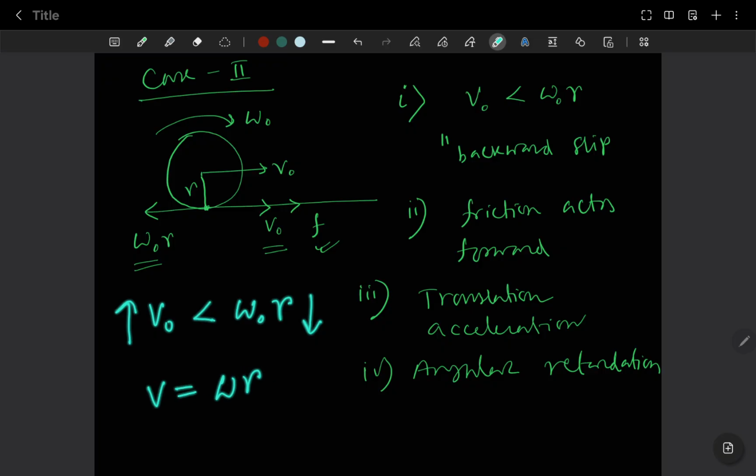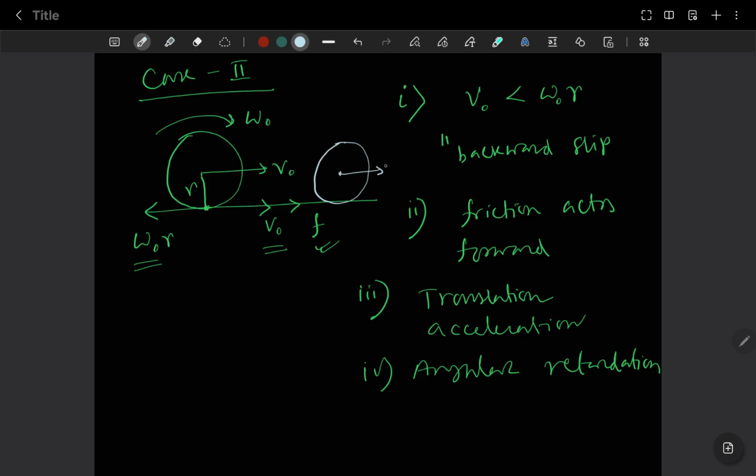Now these two things become equal, and when they become equal we obtain pure rolling of the body. Okay, clear? So after a while this is v and this is omega, so v equals omega r. Okay, so v equals omega r is pure rolling.